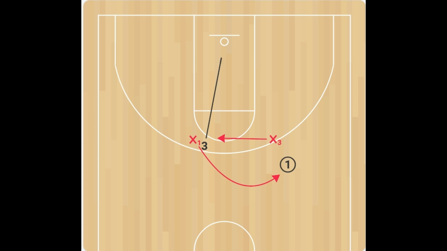This is fine, but Defender 3 now has to stick on 1 long enough for Defender 1 to get back to him. This leaves 3 open to cut to the rim, which means that 3's defender is now going to be quite a bit behind him, or even a little bit behind him. That's enough for a pass to be made and an advantage to be had.